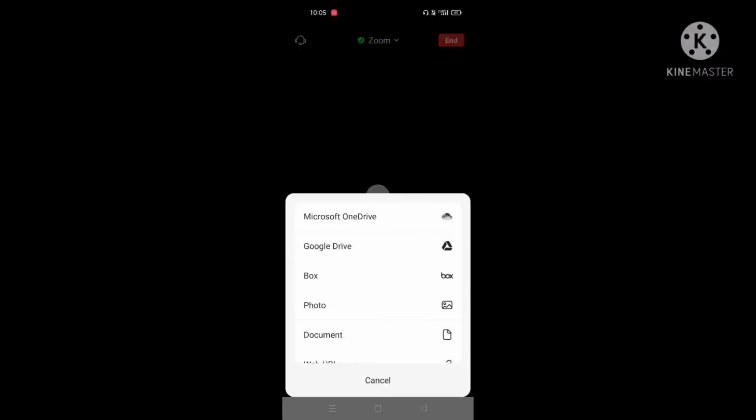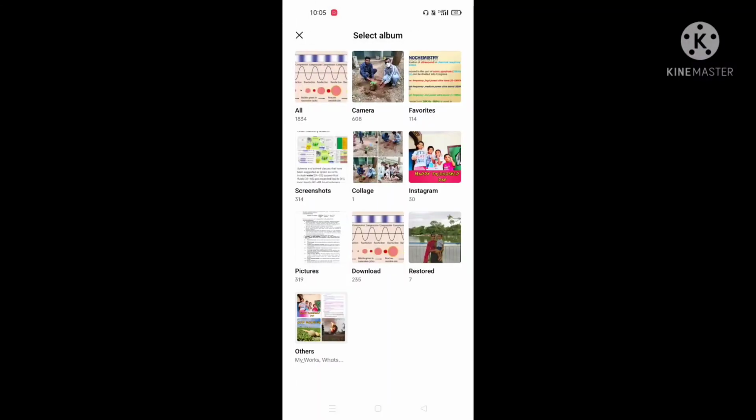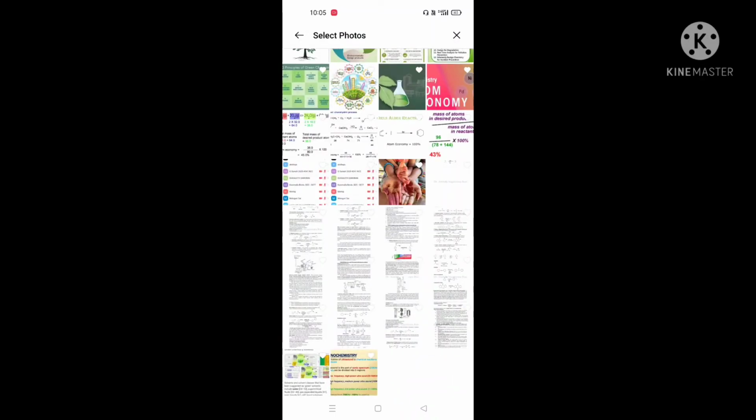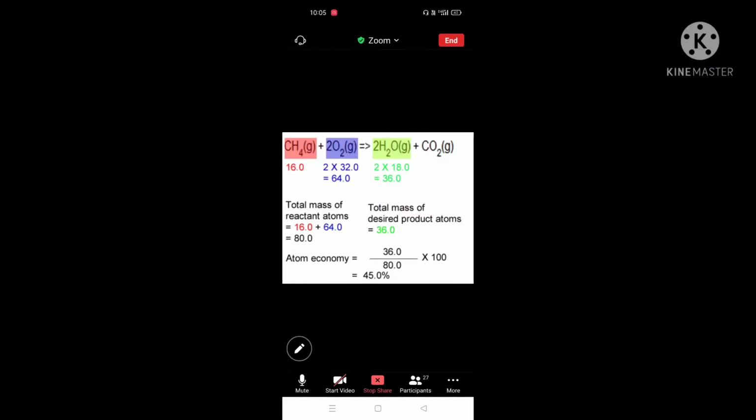Into 100. For example, some examples of reactions are here. Like the methane combustion reaction. What is happening in combustion: methane gives water plus carbon dioxide. So what is the molar mass of methane?